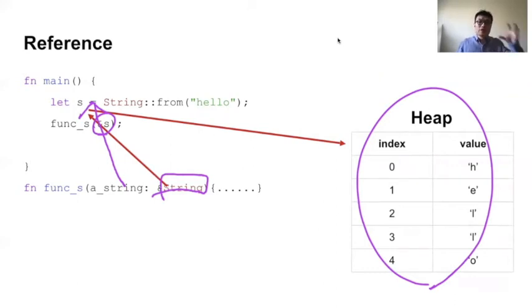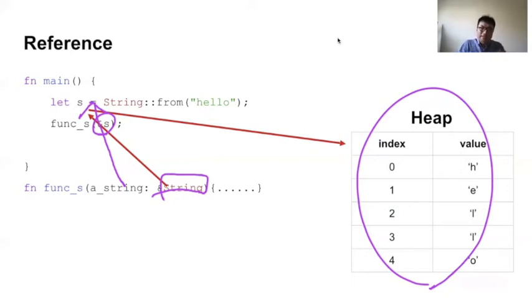In C, you can have the address of a pointer, and use another double pointer to point to that pointer, right? It's the same. a_string is the double pointer, pointing to your pointer s, and s refers to the data on the heap, which is your string. So this is the idea.